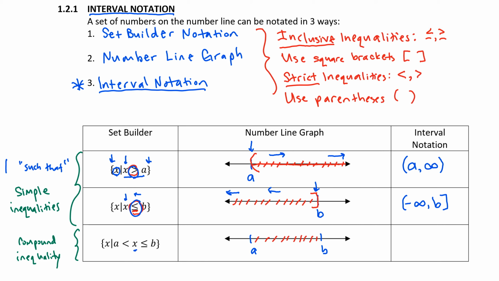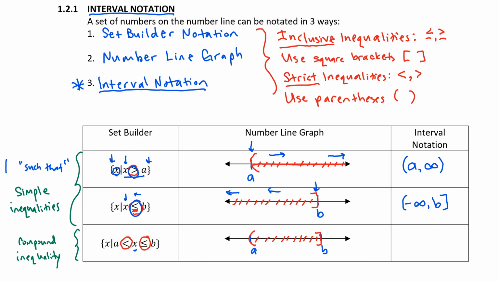Now we have to choose the endpoints for our number line graph. Looking at the inequality sign associated with a, we recognize it's a strict inequality. It's less than. So we're going to use a parenthesis at the left endpoint of our graph. Looking at this inequality, because it's an inclusive inequality, it's less than or equal to, we're going to use a square bracket.